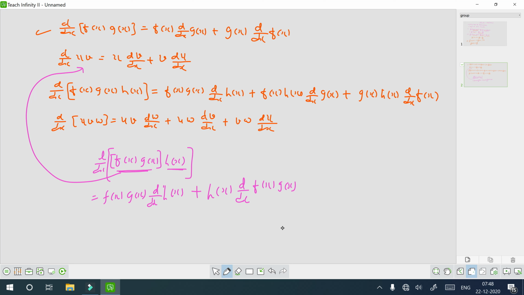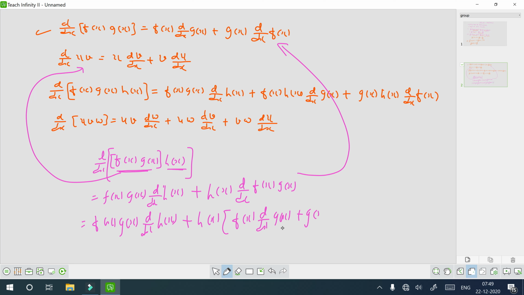This one. Now, that is equal to f of x into g of x into d by dx of hx plus hx as it is. Once again, apply this rule. Here, f of x as it is d by dx of gx. Gx as it is d by dx of fx.